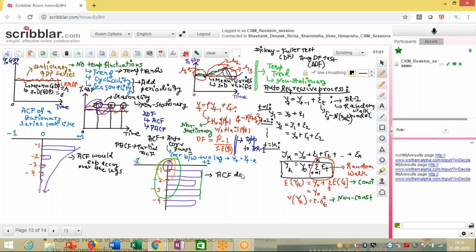ACF does not decay. Does not decay over extensive lags.